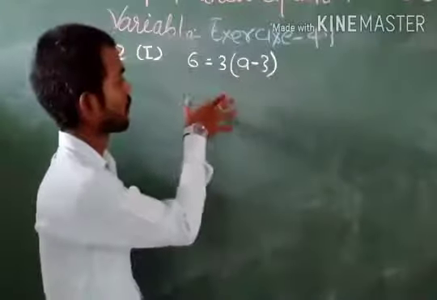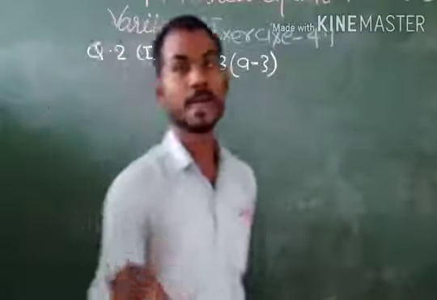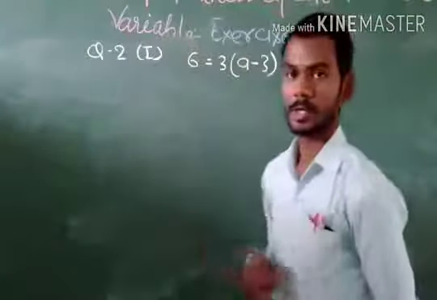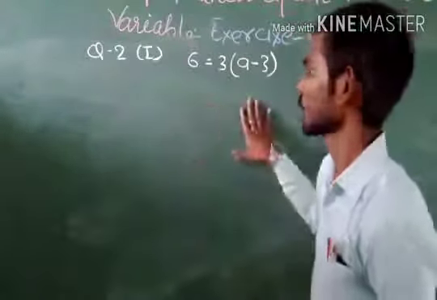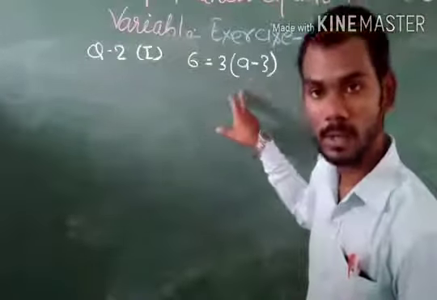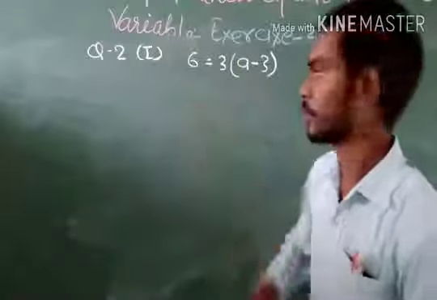Now, to solve this by simultaneous operation on both sides of the given equation, first of all, we have to divide both sides by the number 3.